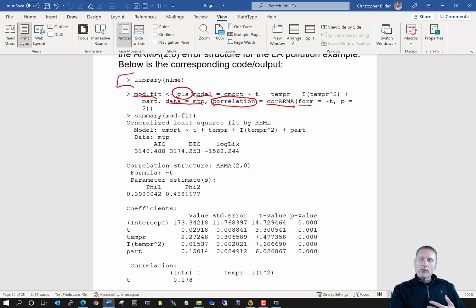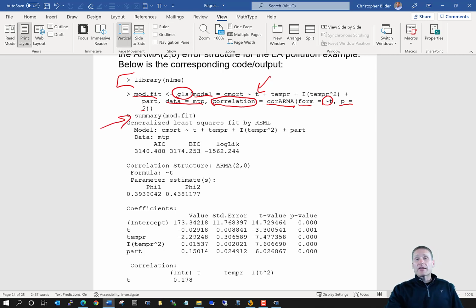For the form of that model, to say what essentially is time, I need to say tilde t. Remember, t is inside of my mtp data frame. And then to say what kind of ARMA model I want to use, I want p to be equal to 2 because I'm doing an AR(2). I put the results into mod.fit.